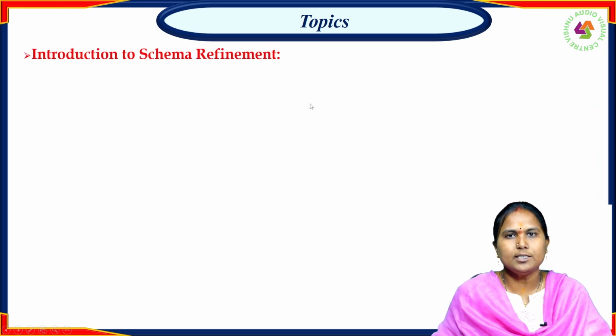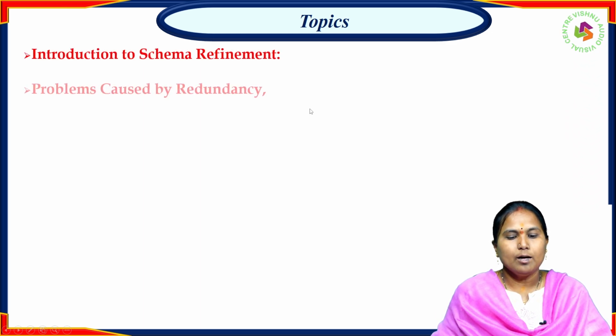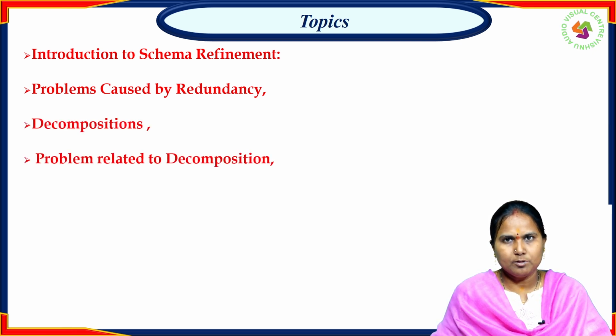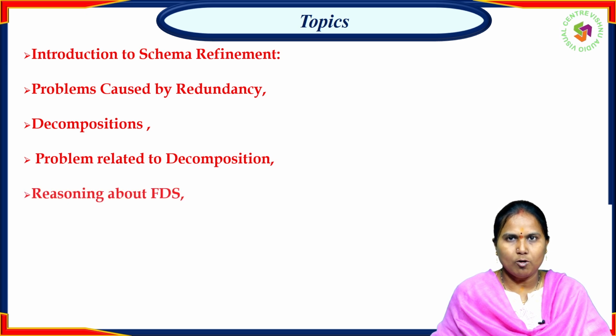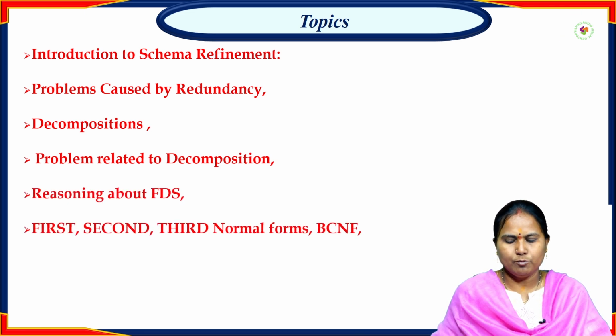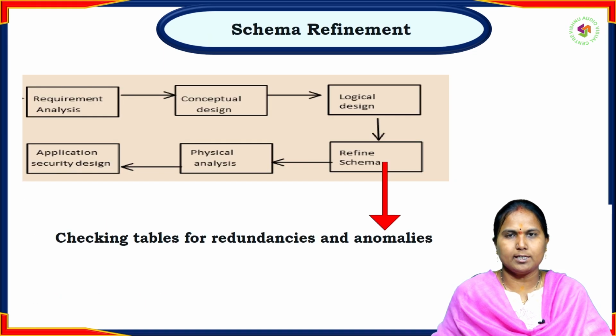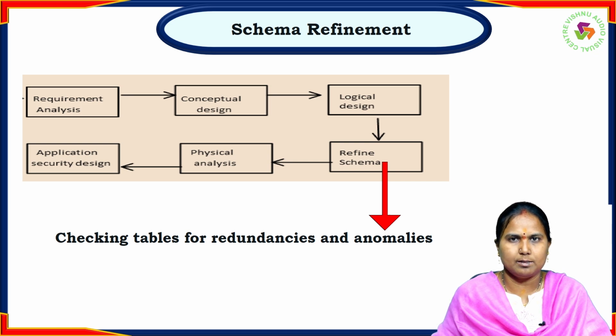The first one is Introduction to Schema Refinement, Problems caused by redundancy, Decomposition, Problems related to decomposition, reasoning about functional dependency sets, first, second, third, fourth and BCNF normal forms, lossless join decomposition, and dependency preserving decomposition techniques. These are the things we are discussing regarding the schema refinement and normalization concept.